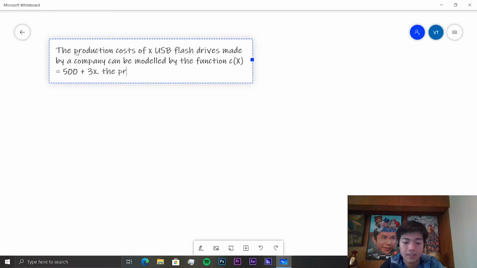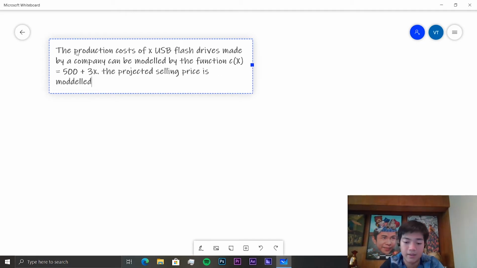The projected selling price is modeled by the projected selling price p of x is equal to 7 minus 0.002x.